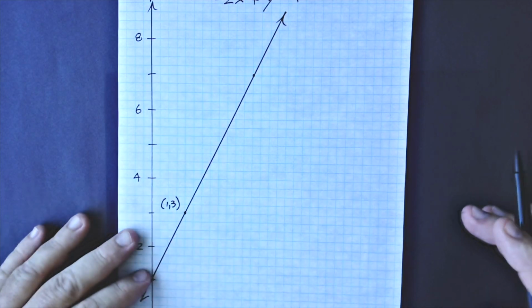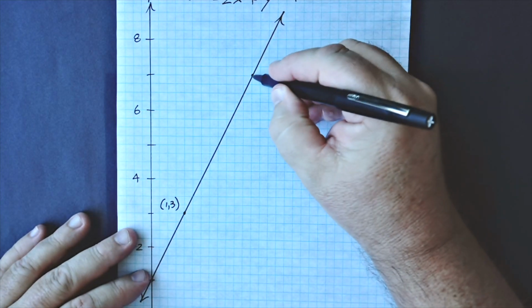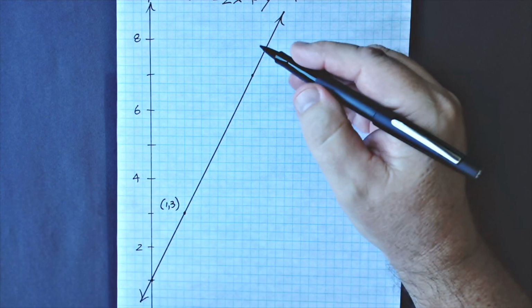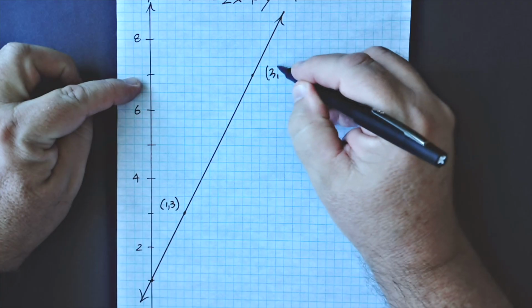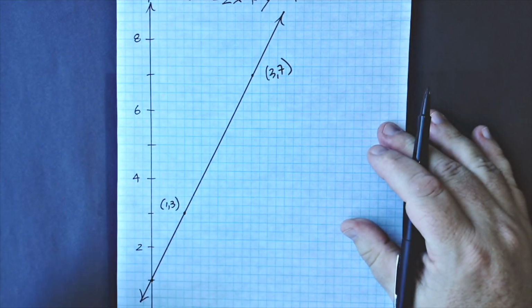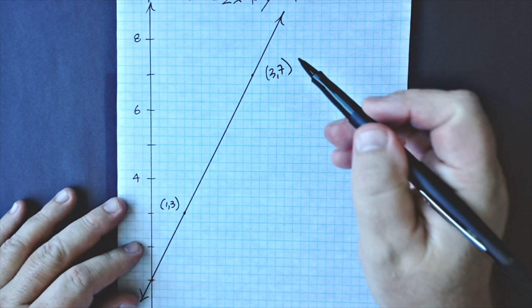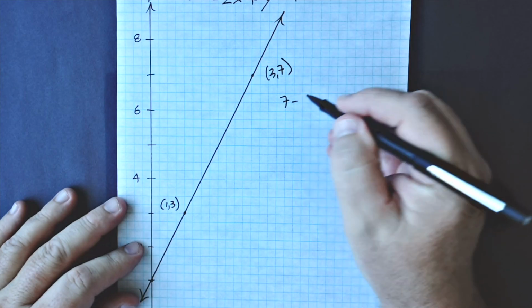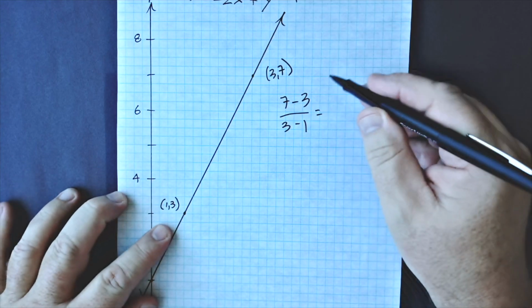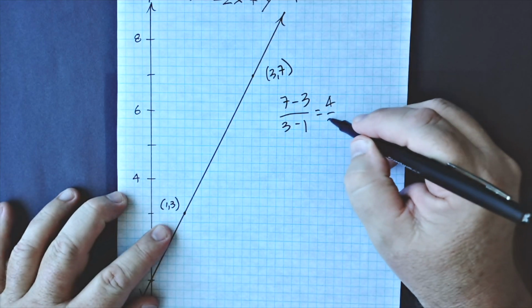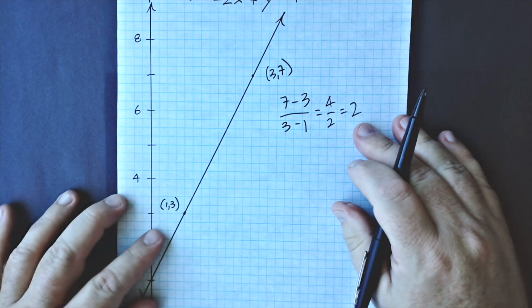You could find another point. For example, I marked this point right here, (3, 7). What's the slope between those? Well, we would go y2 minus y1 over x2 minus x1, and I would get 4 over 2, which is 2. So that would be the slope of this straight line.